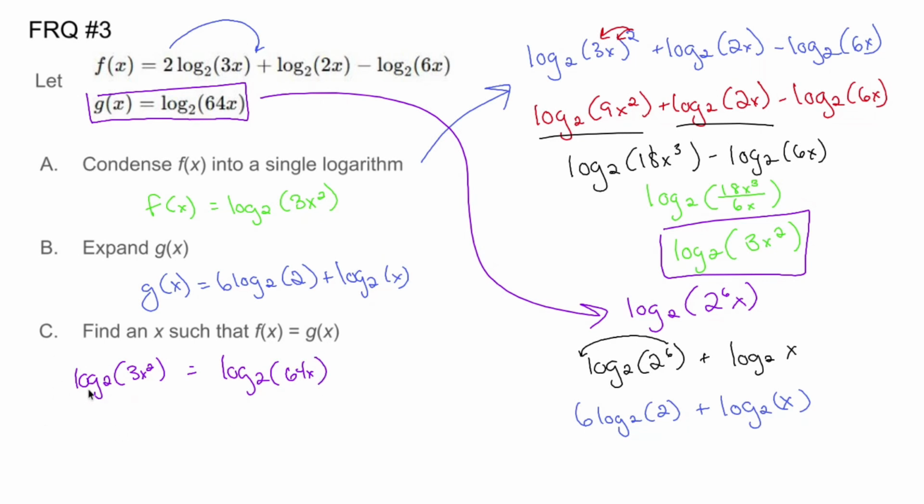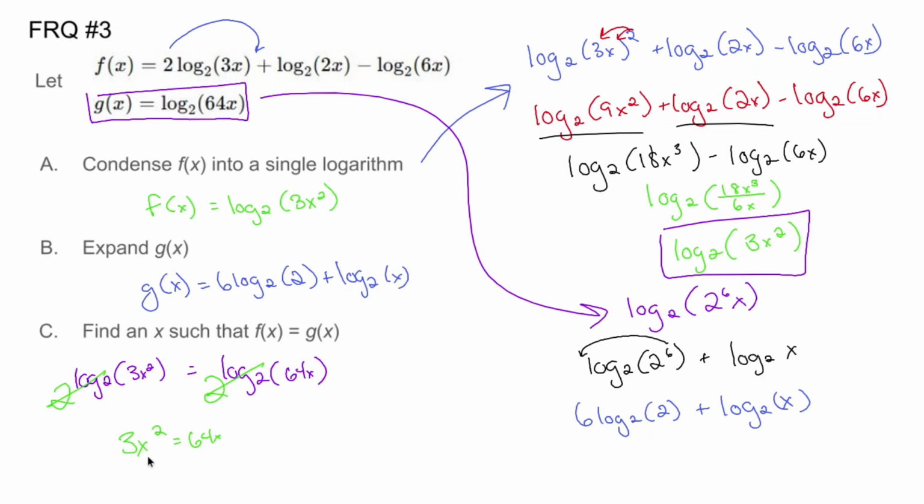When you have a log of anything, as long as the same base, equals a log of anything, you cancel each other out just like that. Here's why. If I were to take 2 and make that a base and make my logs an exponent, that cancels out, leaving me with just 3x squared equals 64x.